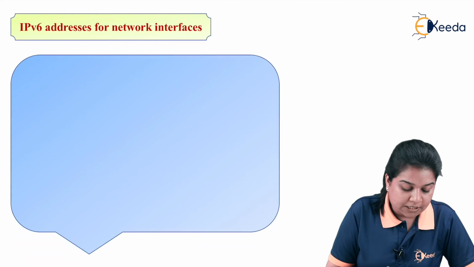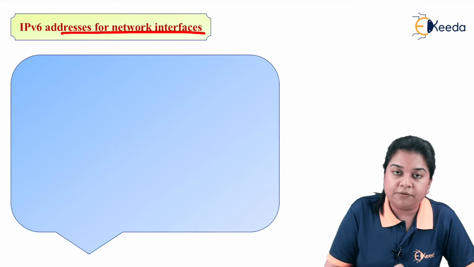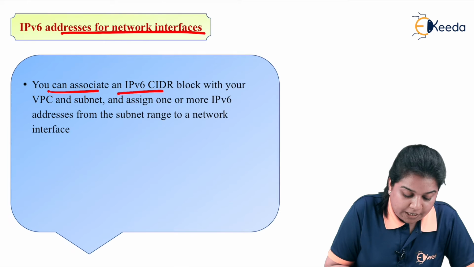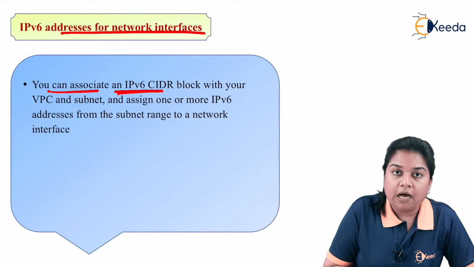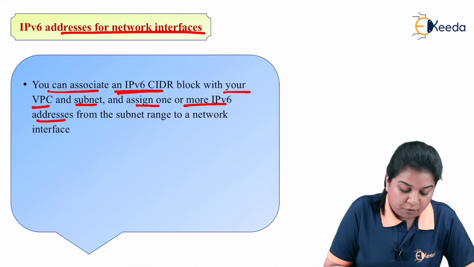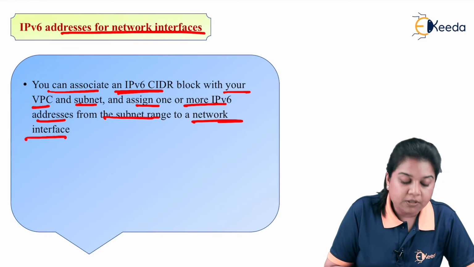Now, IPv6 addresses for network interfaces. Here, we can associate an IPv6 CIDR block with your VPC and subnet and assign one or more IPv6 addresses from the subnet range to a network interface.